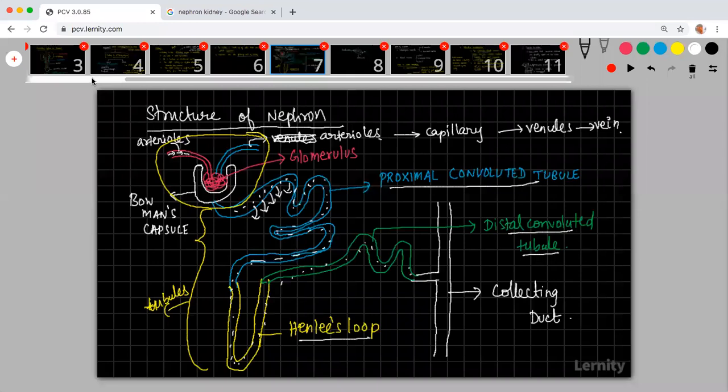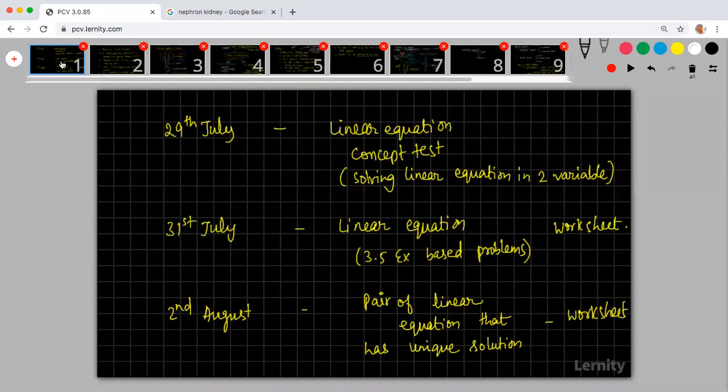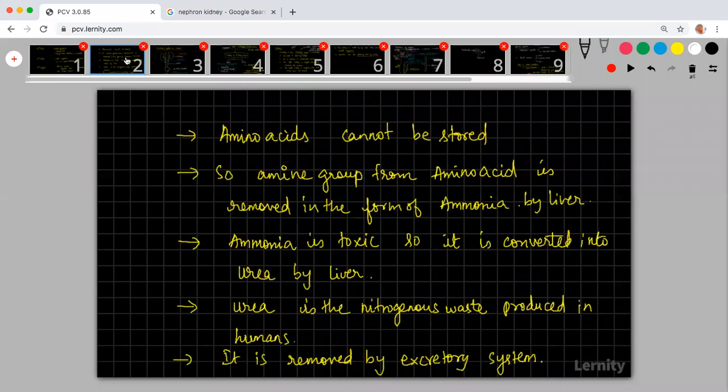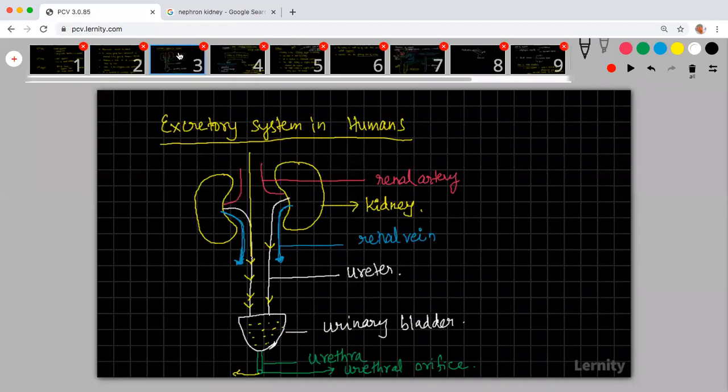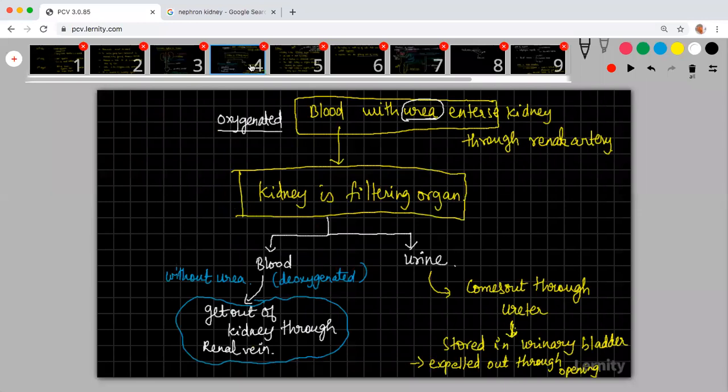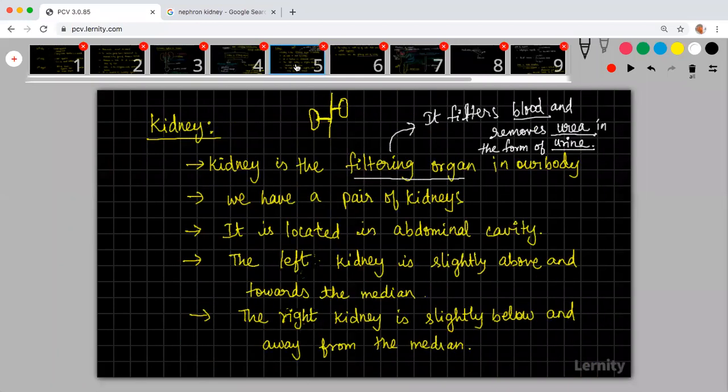So let me start from the first slide. The first slide is talking about the activities for the next week, max activity for the next week. Second slide. Third slide. Fourth slide. Fifth slide. Sixth slide.